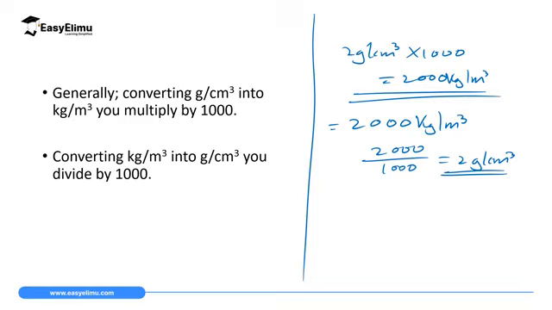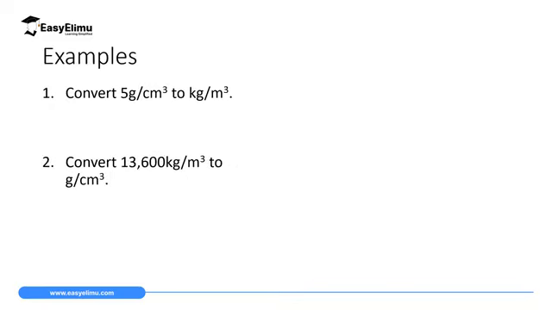So as you can see, we started with this one, we converted to kg per cubic meter, and then we came to this, the one that we have converted, we have changed it back to grams per cubic centimeter, which it was. Now let's do a few examples. Convert 5 grams per cubic centimeter to kilograms per cubic meter.